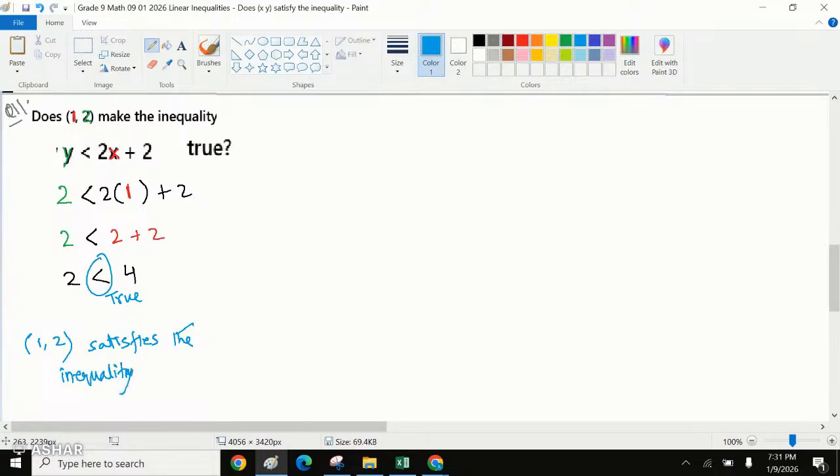Right? Do we agree on this? That we are reading this as 2 is less than 4, or we are reading this as 4 is greater than 2. If we read from this side, we say 4 is greater than 2. If we read from this side, we say 2 is less than 4. So either of the statements is correct, right?